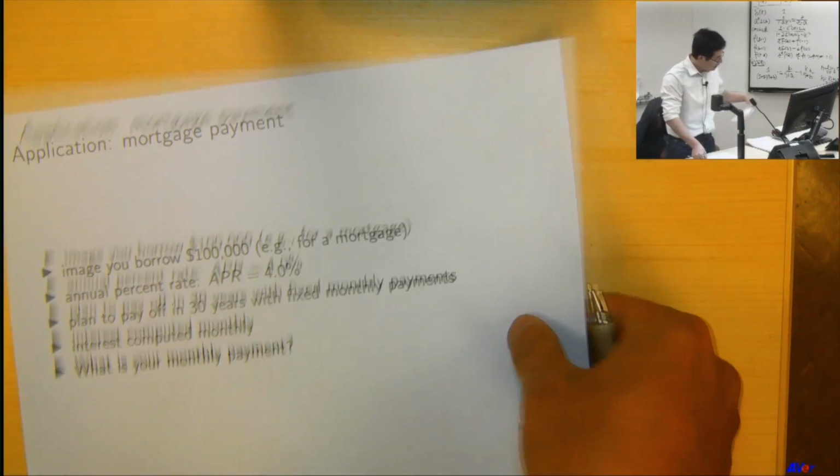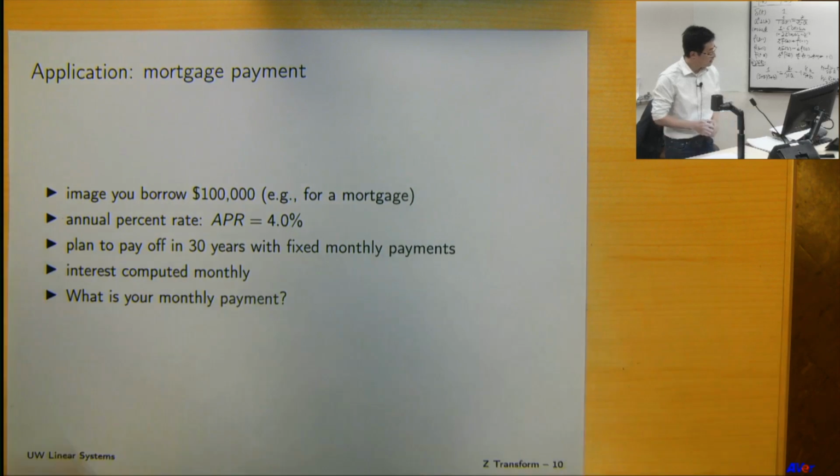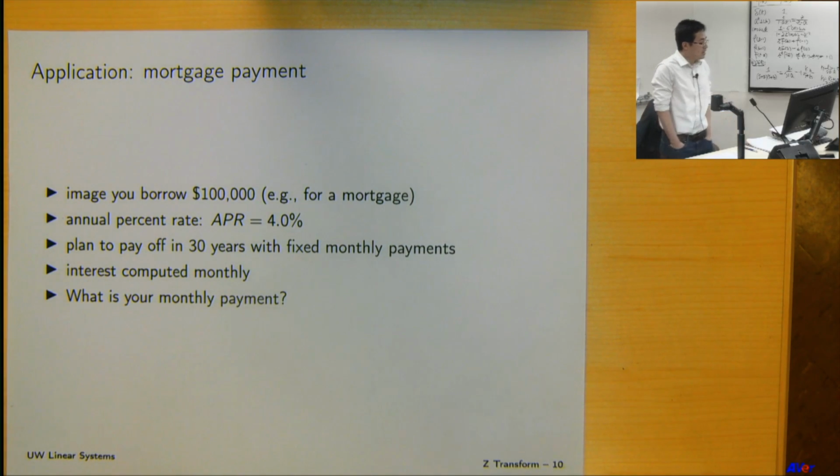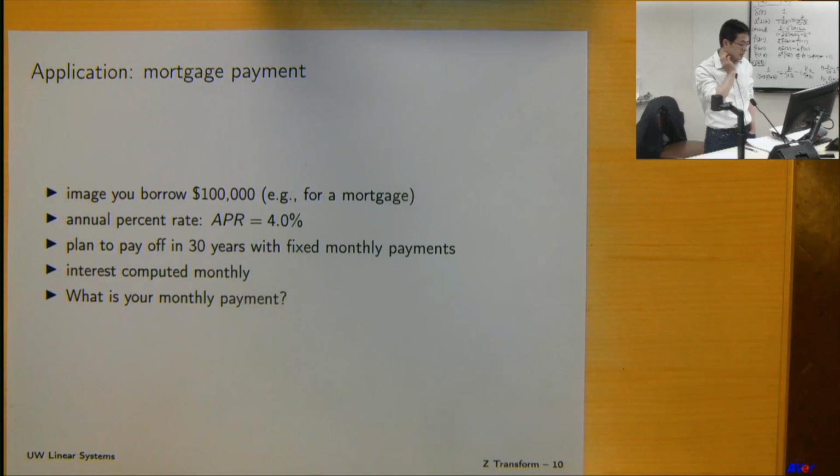All right, let's take a look at an application of the z-transform. We talked about annual percentage rate, how your money increases in the bank. Suppose a similar related problem. Suppose you borrow a certain amount of money from the bank, let's say 100,000, and you need to pay back the bank, not immediately, but through 30 years.